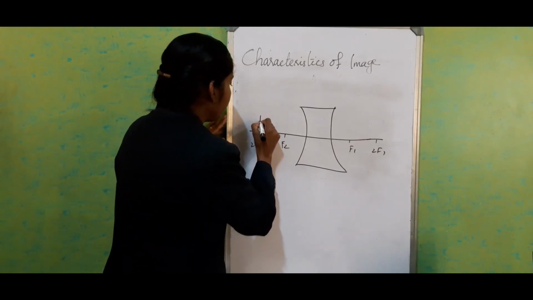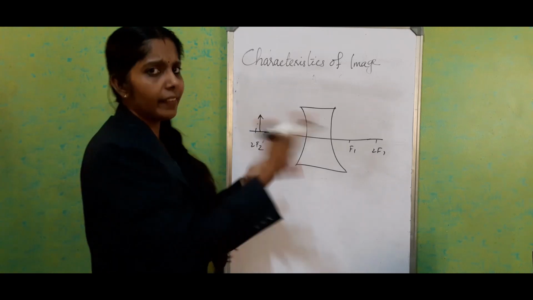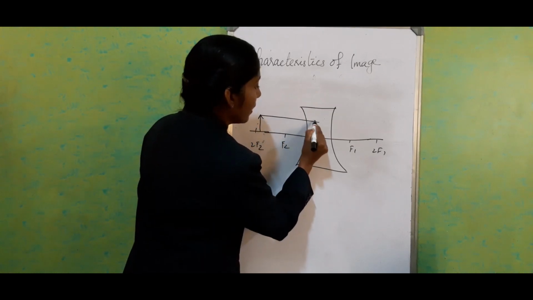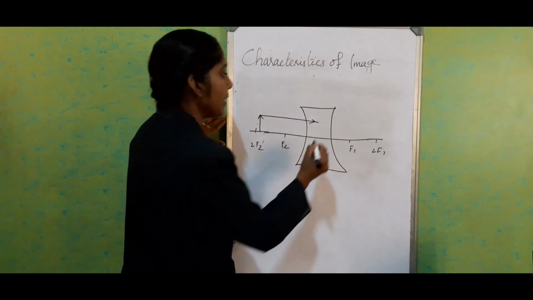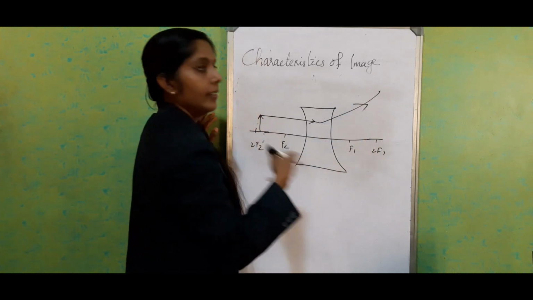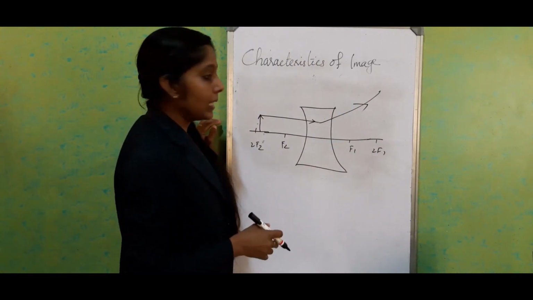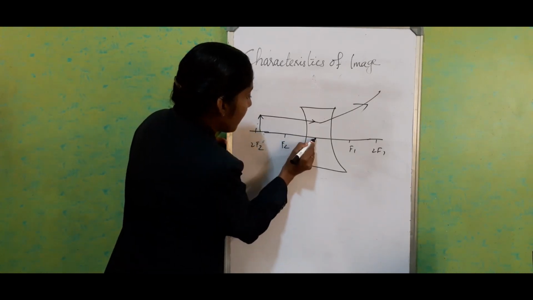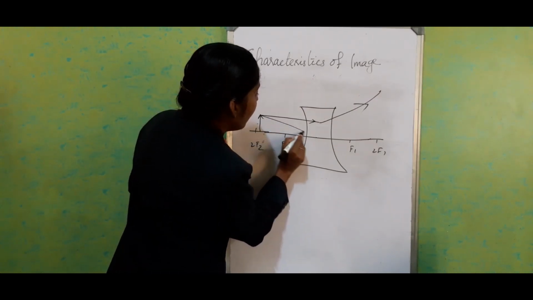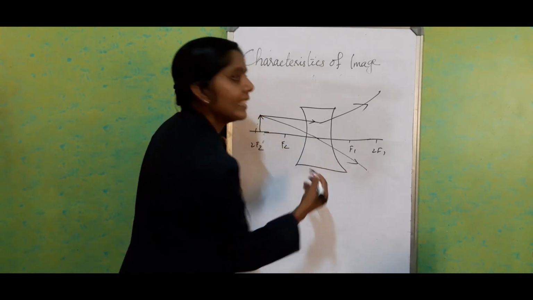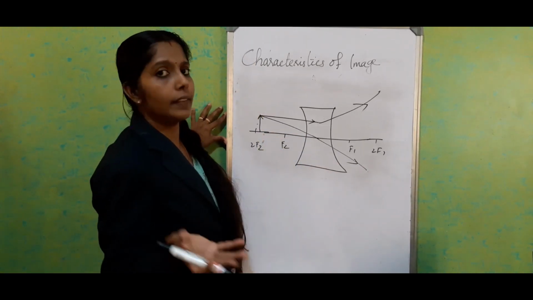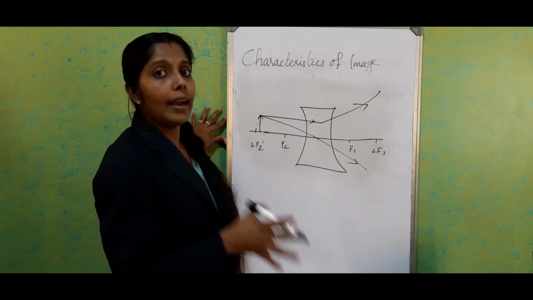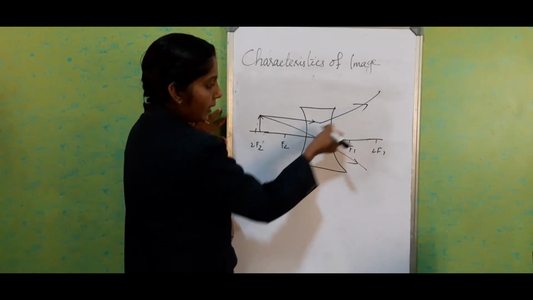I'm going to keep an object here, anywhere, just to show you. One ray is parallel to the principal axis. After the refraction, it diverges away from the principal axis. And if we consider a ray which passes through the optic center, we know that it goes undeviated. Whether it is a concave or convex lens doesn't matter. Any ray which passes through the optic center will go undeviated. So here these are the two rays.